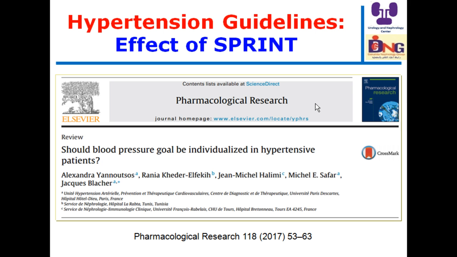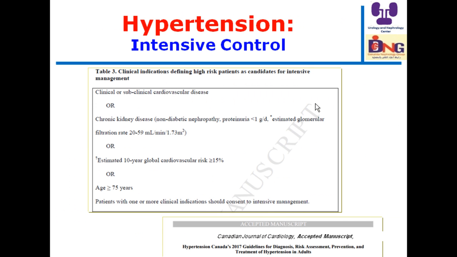And again, according to the Canadian guidelines, clinical indications defining high-risk patients as candidates for intensive hypertension control may include the presence of clinical or subclinical cardiovascular disease, or chronic kidney disease, non-diabetic patients, proteinuria less than 1 gram per day, estimated GFR between 20 to 59 milliliters per minute per 1.73 square meters of body surface area, or estimated 10-year global cardiovascular risk exceeding or equal to 15%, or age above 75.